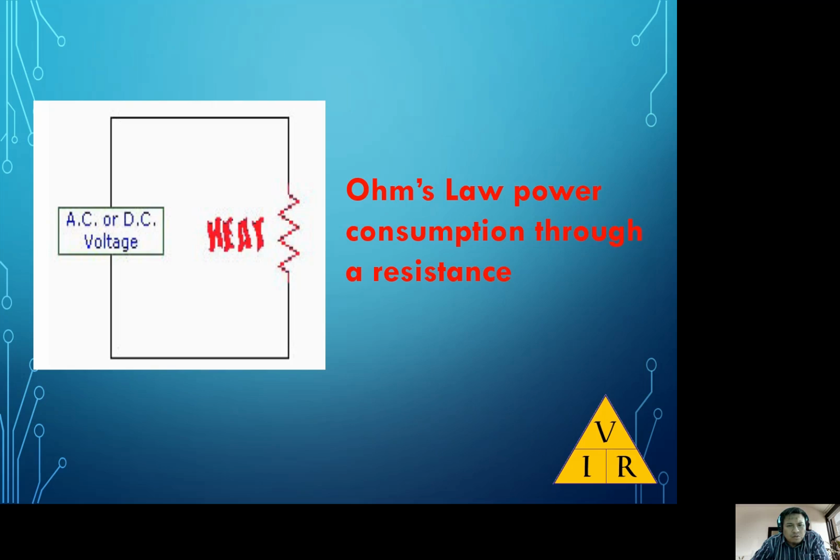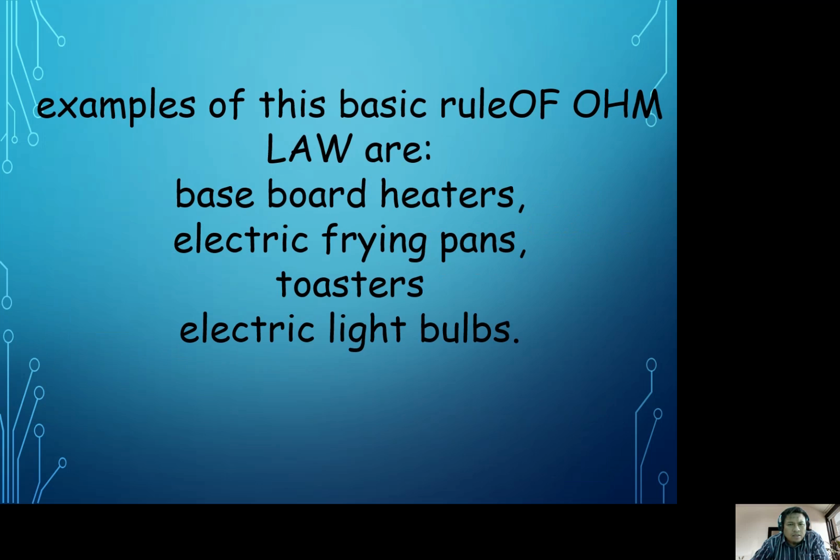Ohm's law, consumption through resistance. You see, in Ohm's law, you must have V, I, and R. Examples of this basic rule of Ohm's law are a baseboard heater, electric frying pan, toaster, electric light bulb.